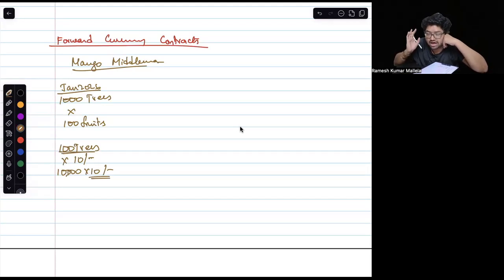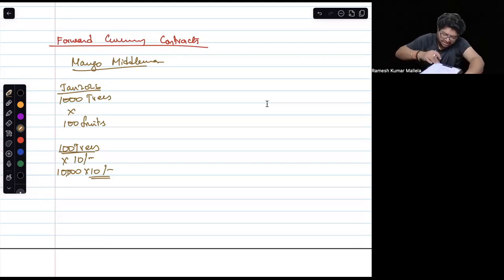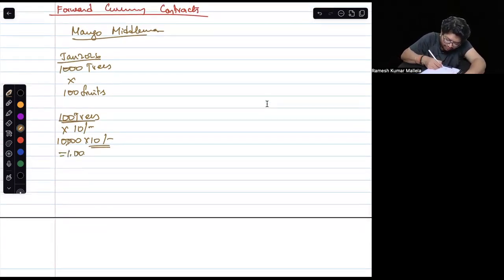For 6 months I have been continuously pouring water on the plants and providing basic requirements, and this fellow, even before the smallest fruit, the small mango seed that comes out first, has come, is offering me 10,000 mangoes at 10 rupees, which means it will give me 1 lakh rupees. Yes or no?